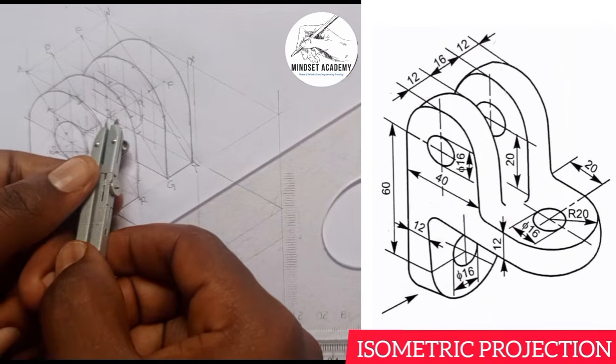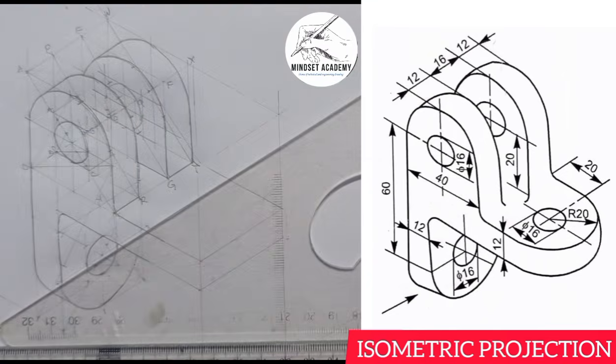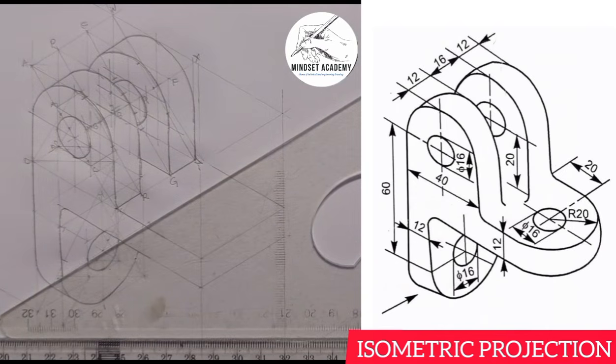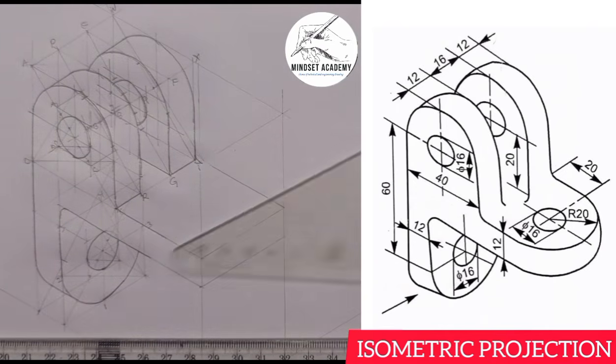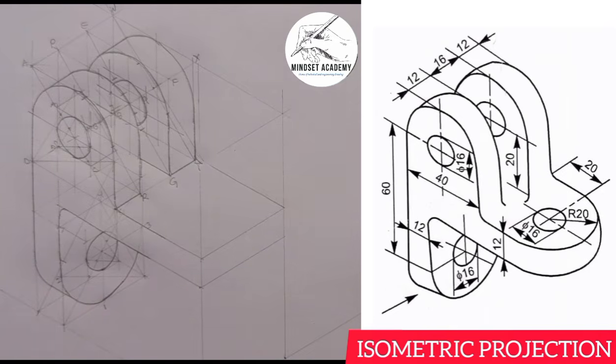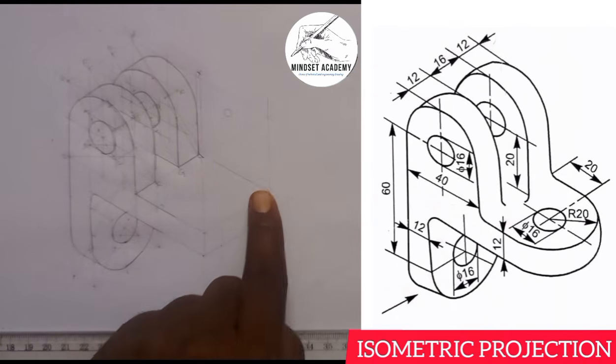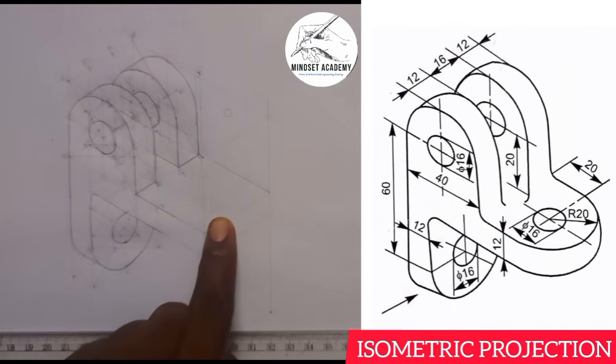So I'll thicken it out. So the next thing we'll be doing here, right, is to draw the curve that we have here. So we will now get the center of this shape here.